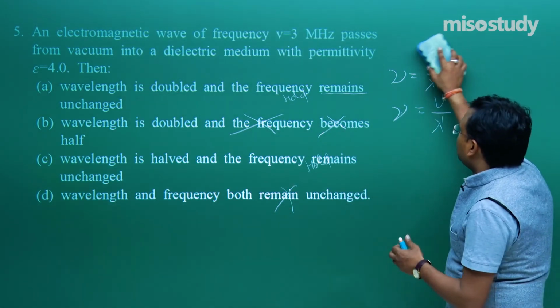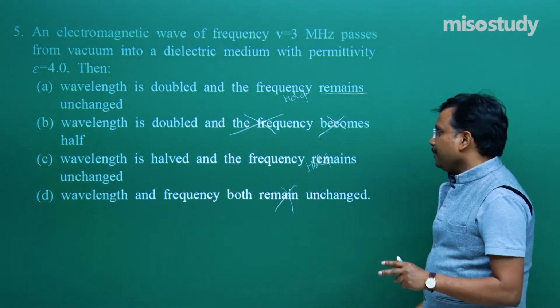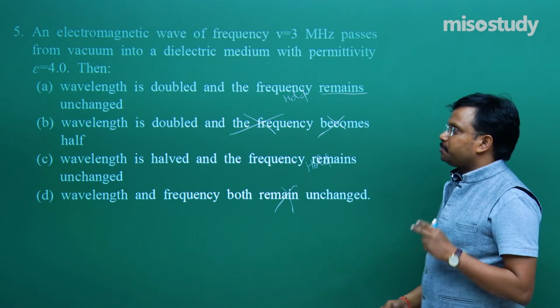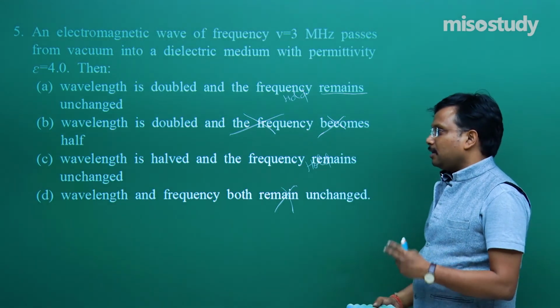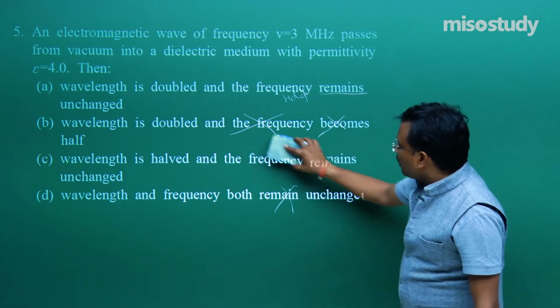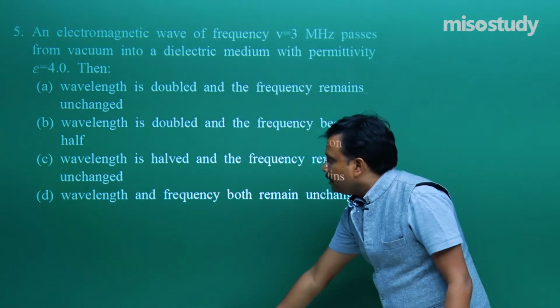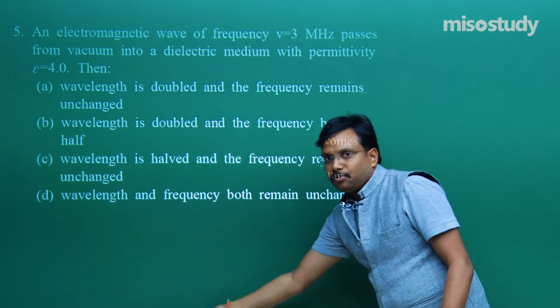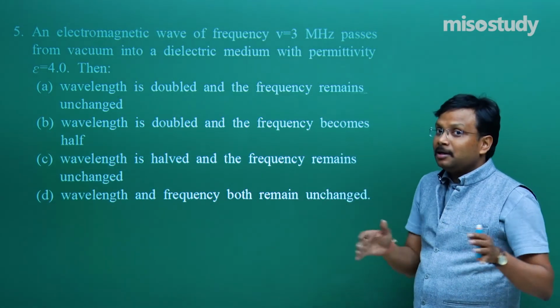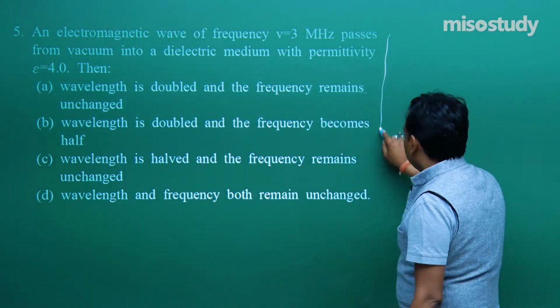So ultimately I have two possible correct options, one is A and another is C. We will try to find out which one is the correct option. I will say B and D are now rejected, so you have zeroed in close to the correct option. Okay, let's try to find out.